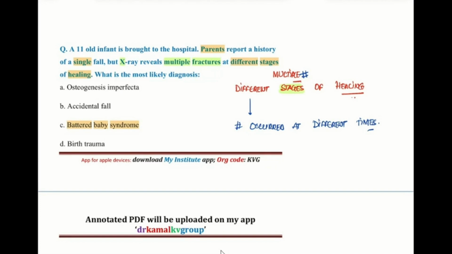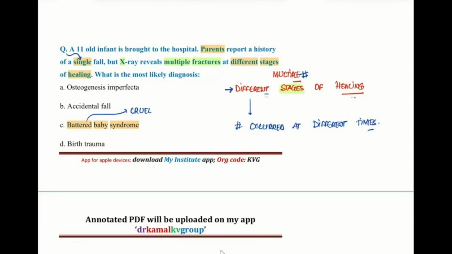So the moment you find this, the answer has to be battered baby syndrome. So battered means the parents are cruel to the child. They are beating the child or they are doing assault to the child. So this is the important point which will suggest to you that the baby has been beaten by the parents, and the parents are trying to hide the reality.